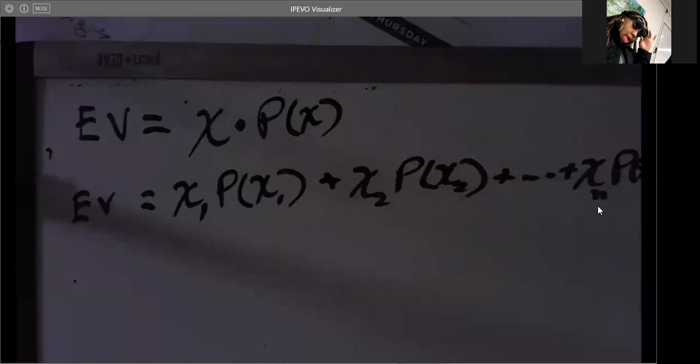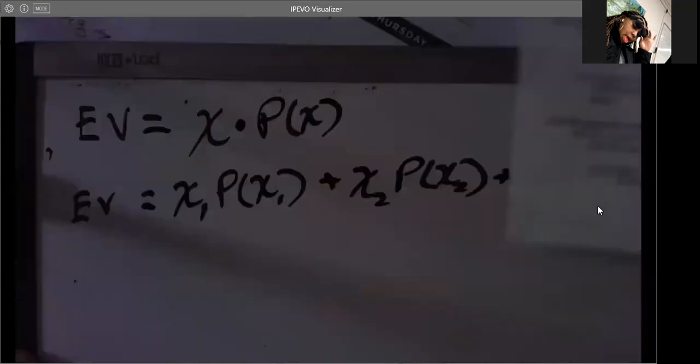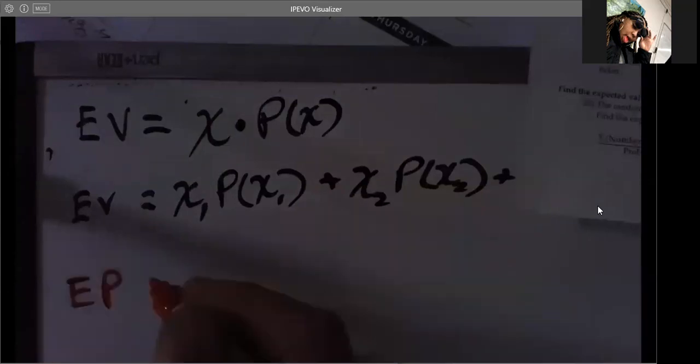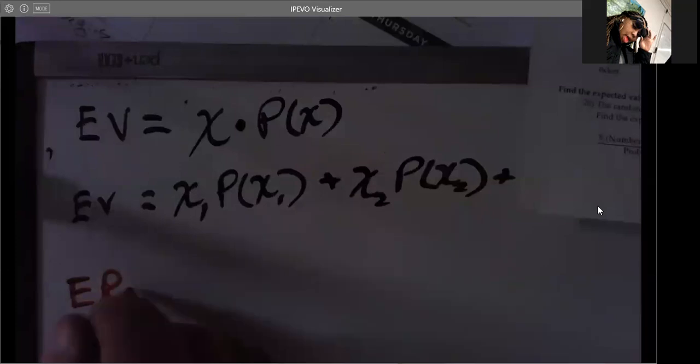Okay. So in this case, our X in this case would be 22,000. Okay. So our expected profit, we use expected profit. It's the same thing as expected value because we're talking about money, right?